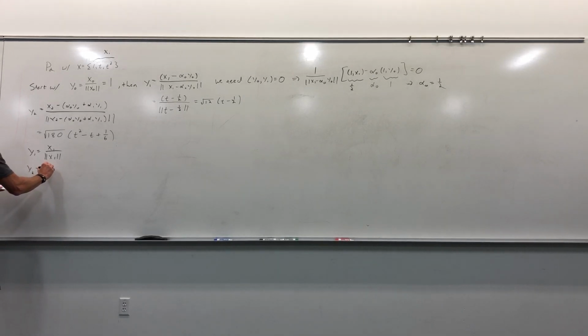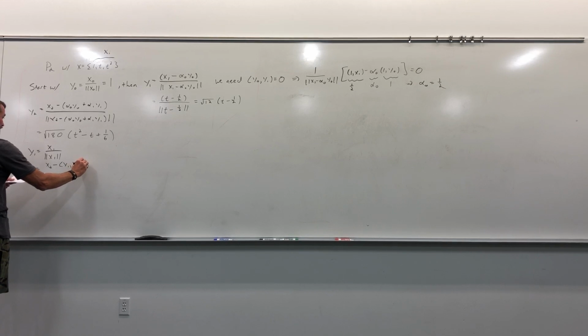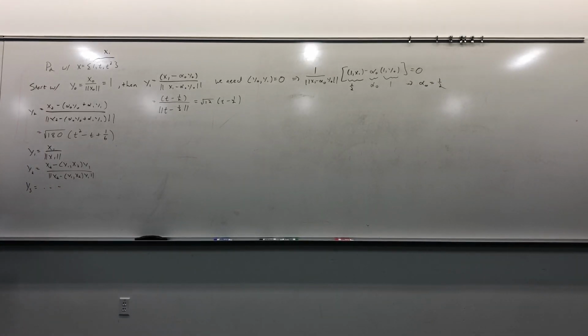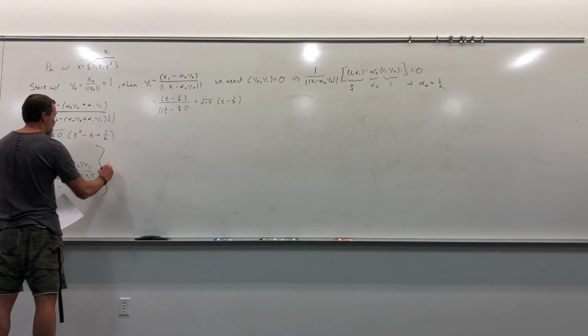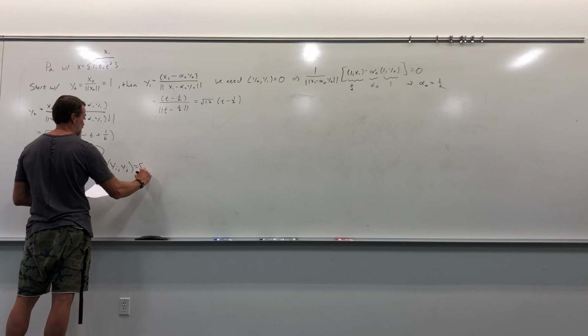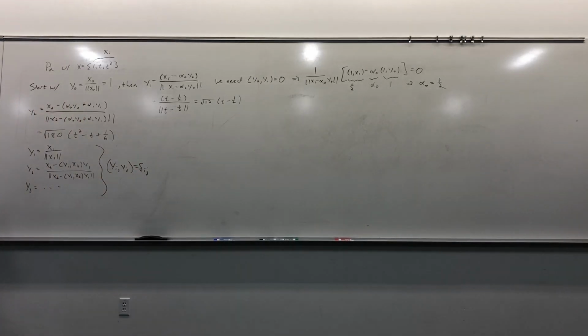And then y2 is going to be x2 minus the inner product of y1 and x2 times y1, over the magnitude of that. And then y3, et cetera, okay? And then what's nice is that for all of these, yi and yj are orthonormal.